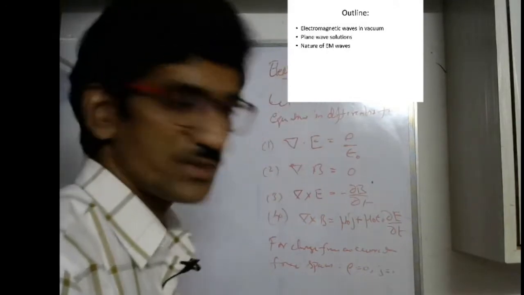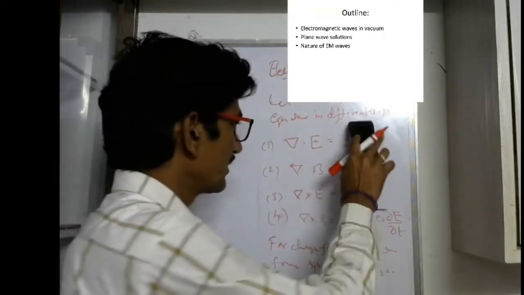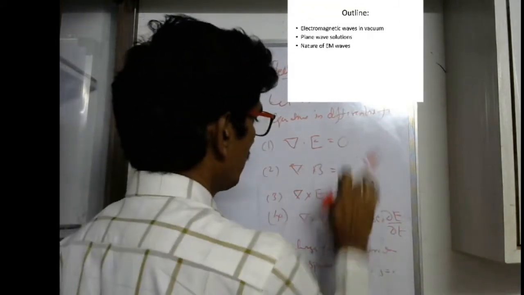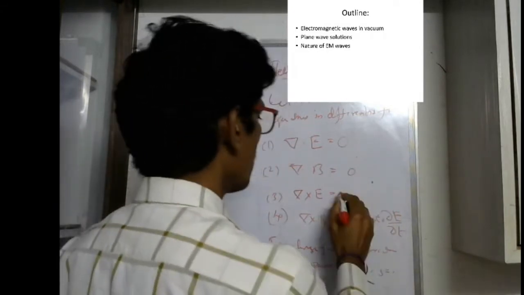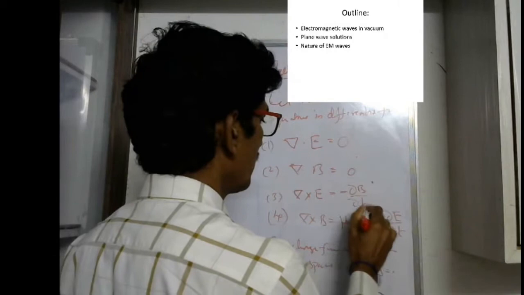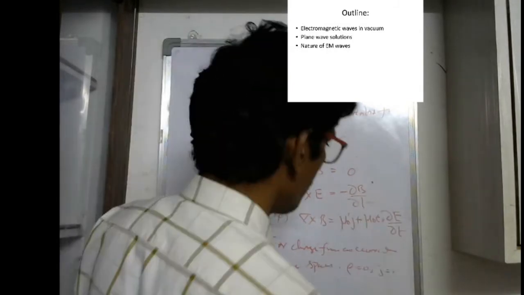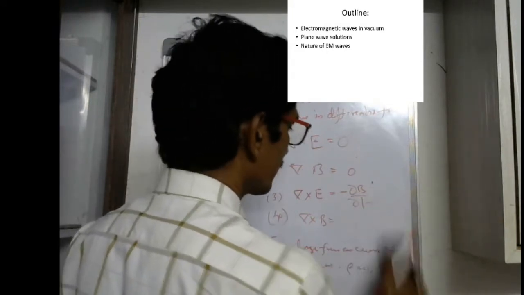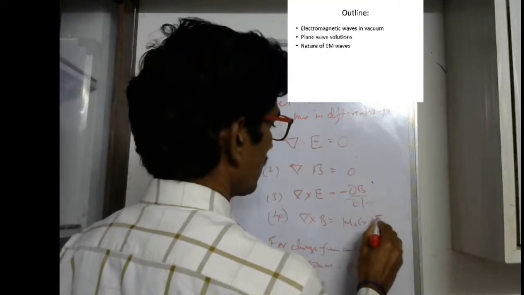Then we have the simplified equations. Here there is no change in the third equation, dB by dt. Here the first term becomes 0, and you are only left with the second term, mu naught epsilon naught dE by dt.